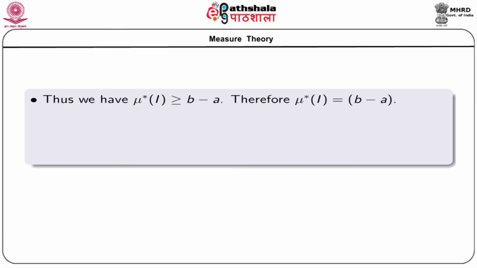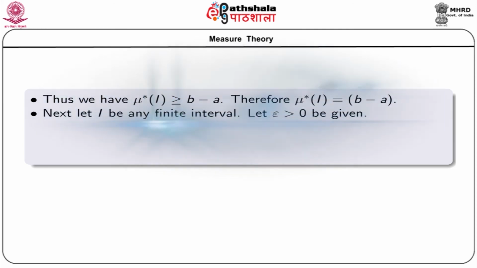So, what we were saying is that we already have mu star of I greater or equal to b minus a, and consequently we have mu star of I is equal to b minus a. So, we have proved the result for a closed interval [a, b]. Next, let I be a finite interval. Let epsilon greater than 0 be given.